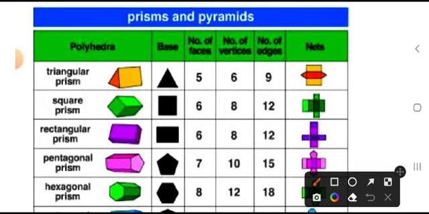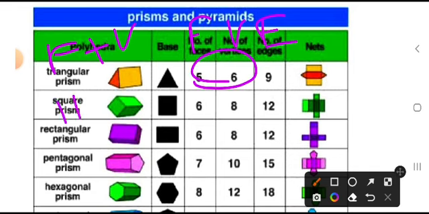So let's see what the relation is. For faces, let's denote it with the single letter F, for vertices let it be V, and for edges it is E. Let's try to add F and V. F plus V, 5 plus 6, that is 11. And here we have 9. How to get 11? Suppose 9 plus 2.